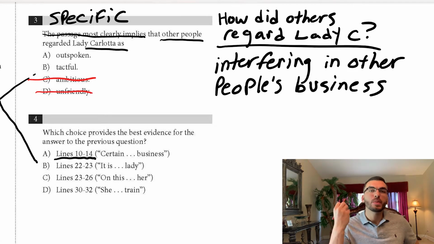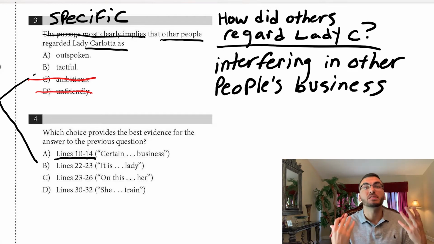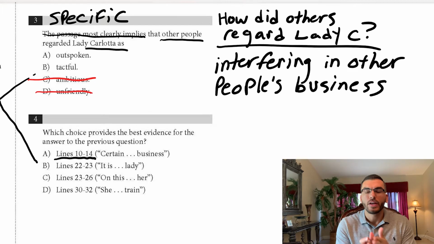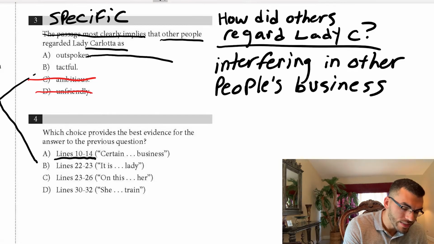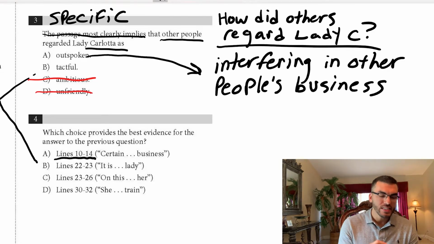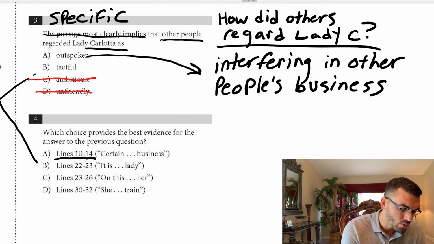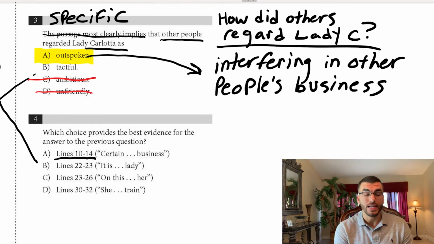If you're always speaking what's on your mind and you're very outspoken, then it's safe to say you're probably speaking on other people's business because you're always speaking up, asserting your opinion all the time. Choice A is the closest of all the answer choices to match our own answer of interfering in other people's business. So choice A is the best answer.